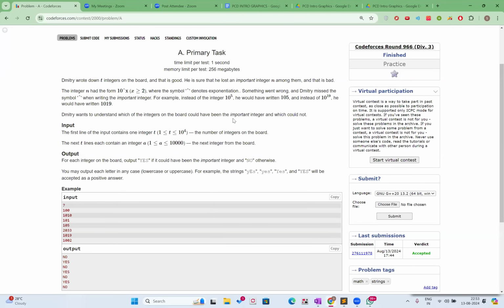So basically, we will be given some integers as test cases, and we have to find if they can be an important integer or not. For the condition of an important integer, we'll just discuss.